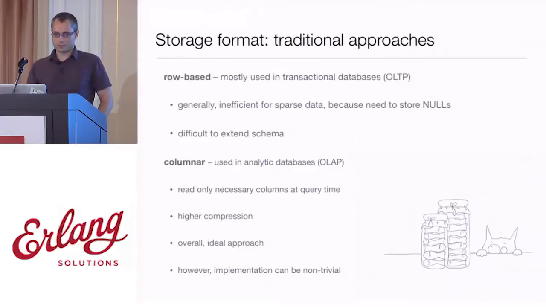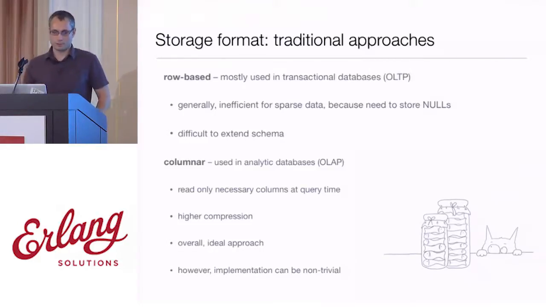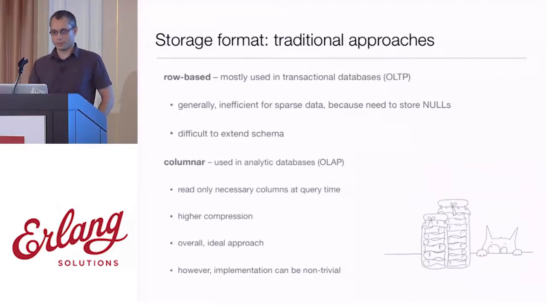Okay, so moving on to the storage format. There are two traditional approaches for storing structured data in relational databases. One is row-based, another one columnar. I'm not going to go deep into details, but columnar is the one that is actually used in analytic databases.